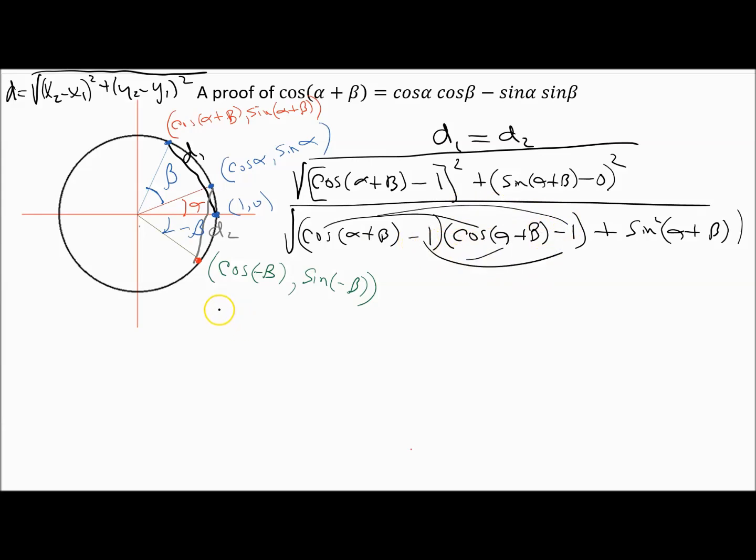Now I'm going to use the distributive property to do all this fun activity. So that gives me cosine of alpha plus beta times the cosine of alpha plus beta, which is cosine squared of alpha plus beta.